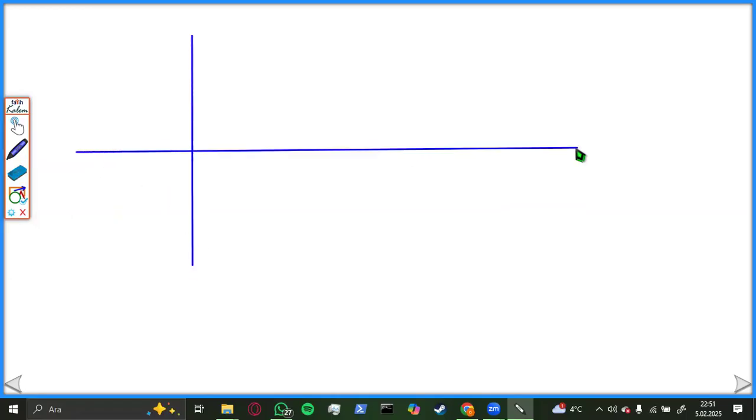Assume that this is our graph, and the shape of the graph is like this. This is minus pi, and this is minus 2 pi. It starts like this, and then like this, and then like that.